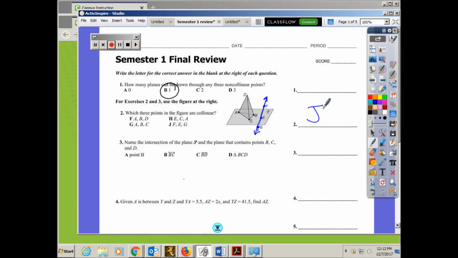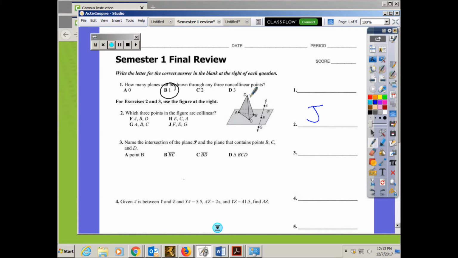Number 3. We're basically talking about the intersection of 2 planes. From those postulates that we end up learning in chapter 2, we know that 2 planes always intersect in a line.